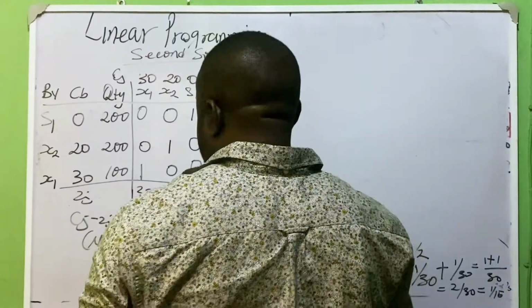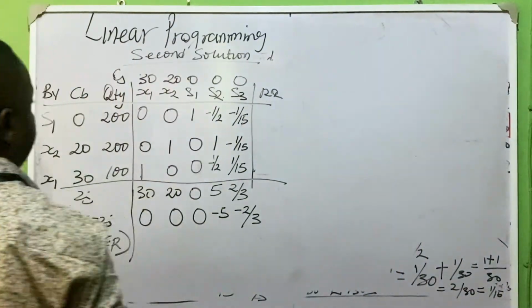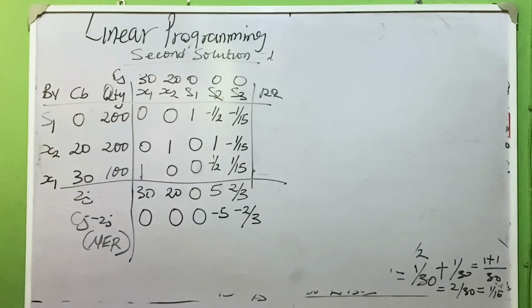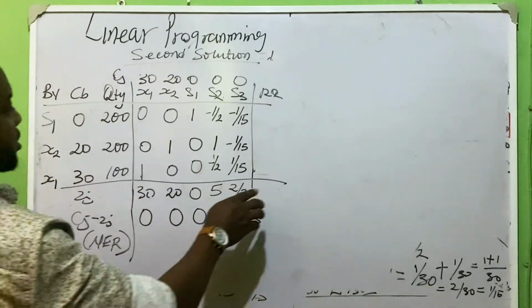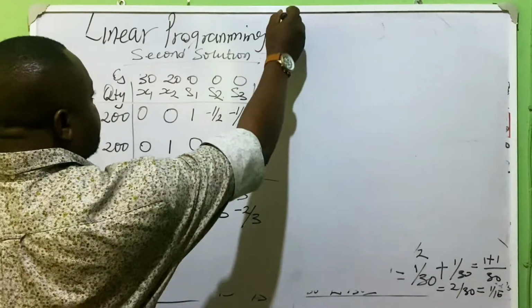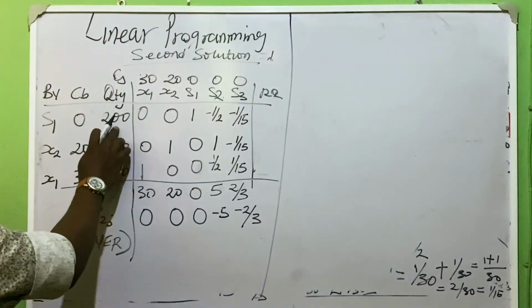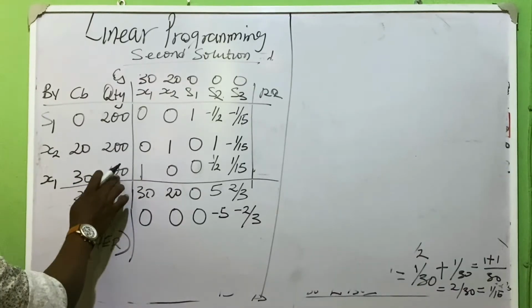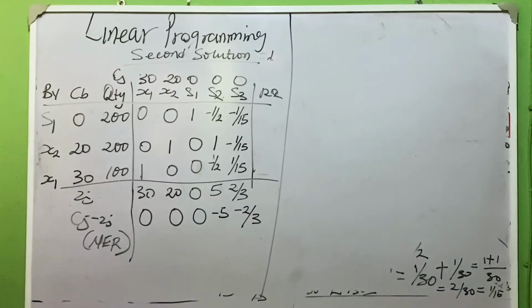So, the program has told us that the best combination of the production plan will be to produce 200 units of X2 and 100 units of X1.